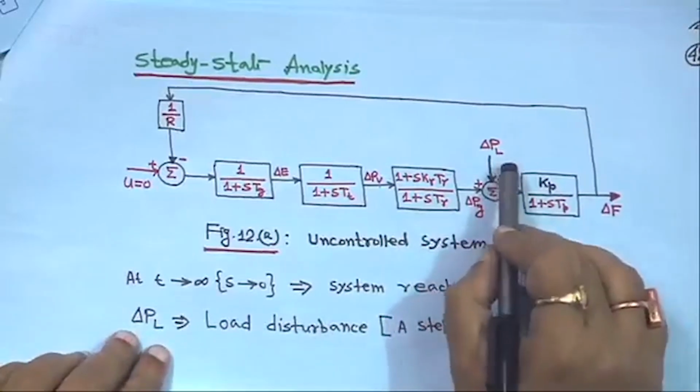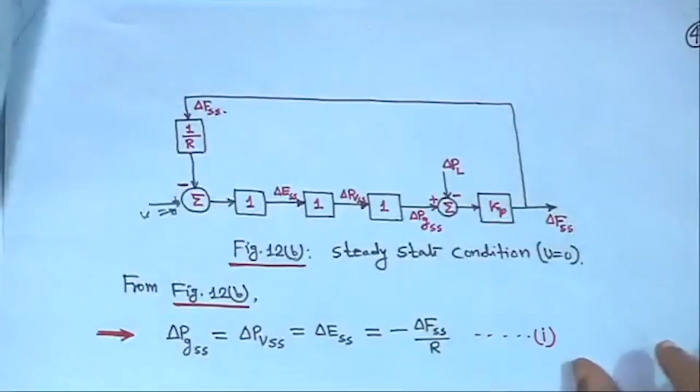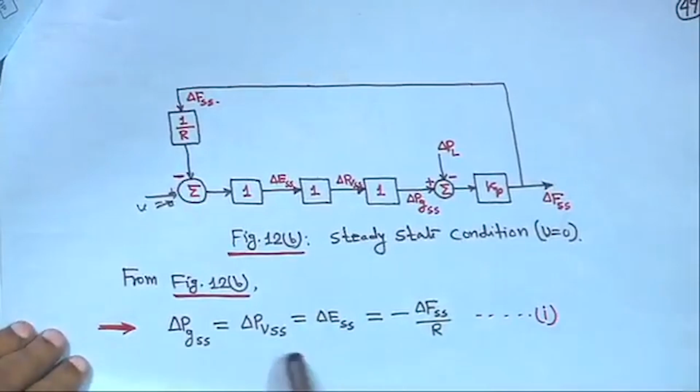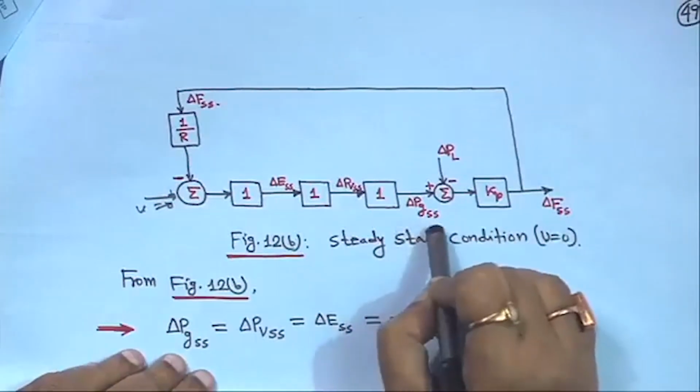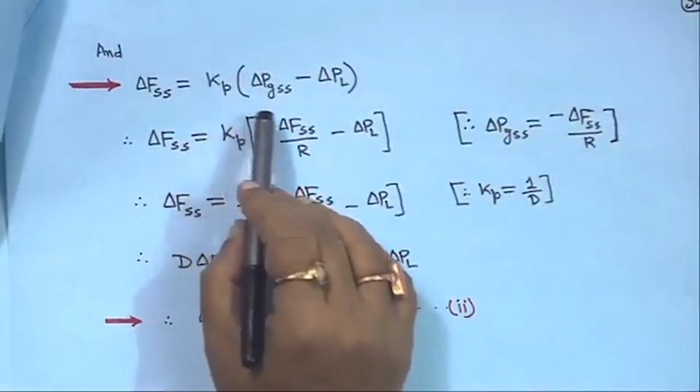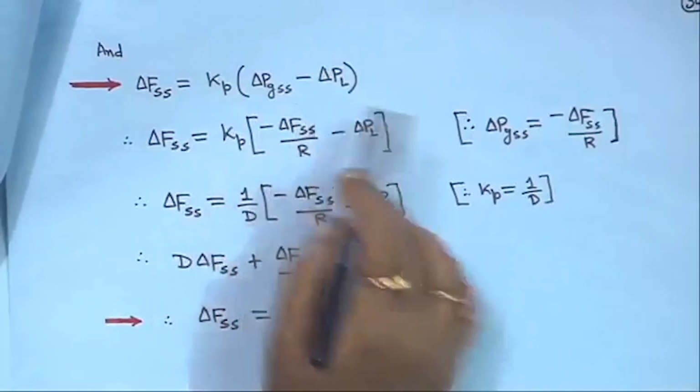Although it is a step input, do not put anything, we will see that later when we use the final value theorem. So, delta PGSS is minus delta FSS upon R, this is one equation. Another one is delta FSS equal to Kp into delta PGSS minus delta PL.